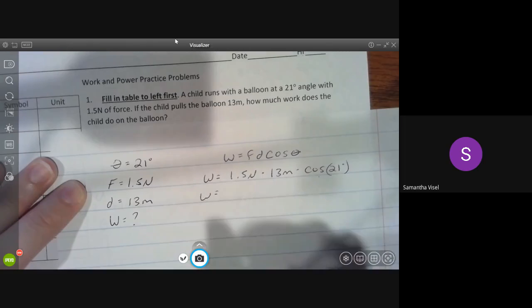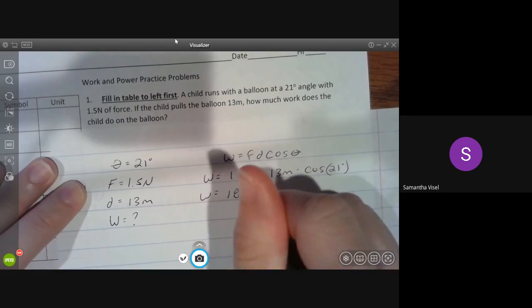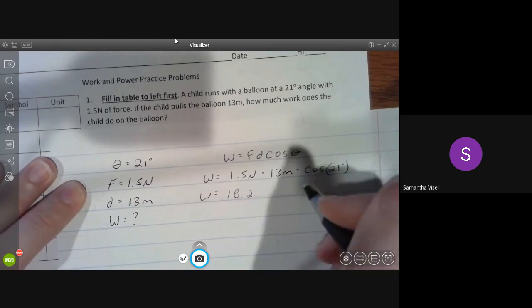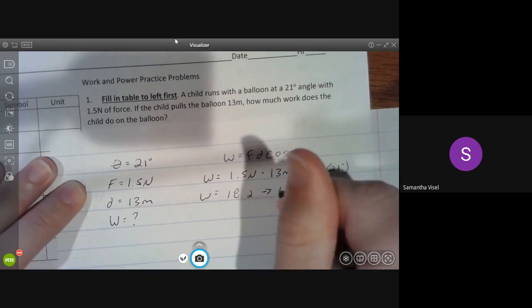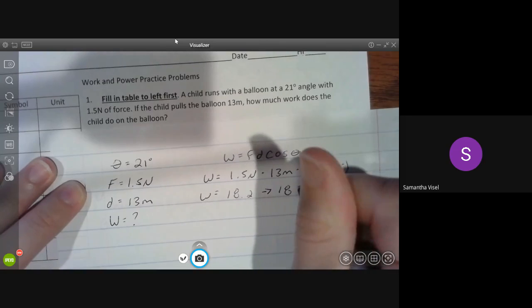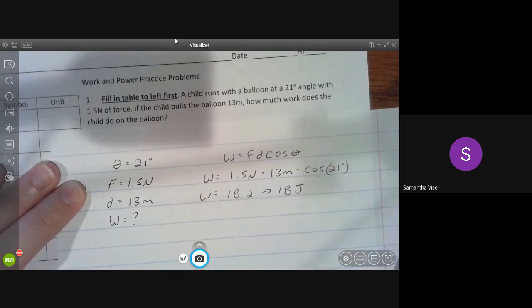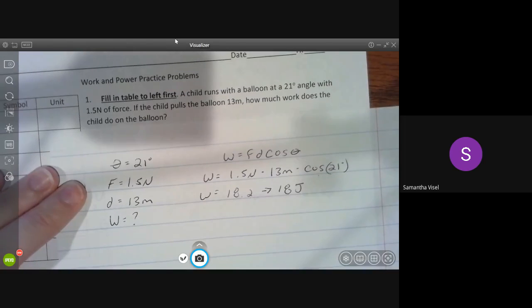So that should give us 18.2. And if I'm looking at my sig figs here, everything is 2 significant figures. So I can just round that down to 18. And the unit for work is a J for the joule. That's just kind of a straightforward work problem.